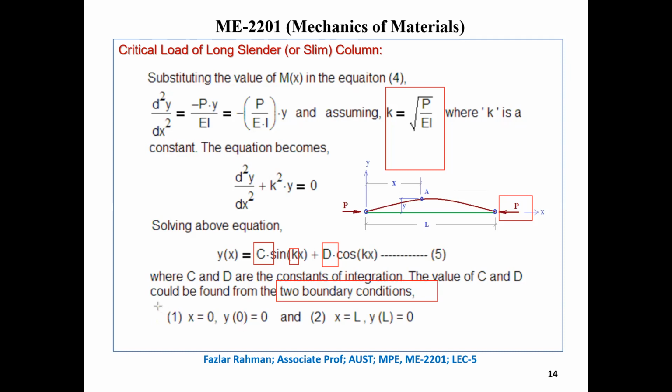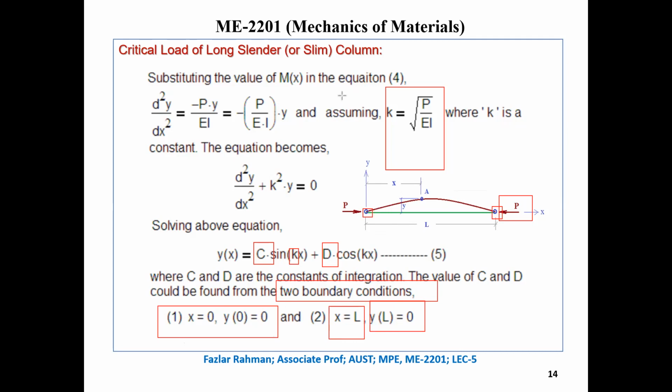Number one, at x equal to 0, y equal to 0. You see, if x is 0, then there is no deflection at this point. That means y is 0. Then if you put x equal to L, you are at the other end. Then what will you get? You are getting y equal to 0. So we put x equal to L, y(L) equal to 0, and x equal to 0, y(0) equal to 0.